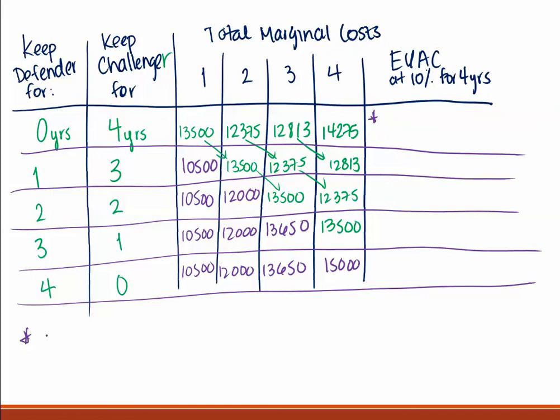So to find the EUAC, just imagine this is our little cash flow. I probably want to find the present worth first.